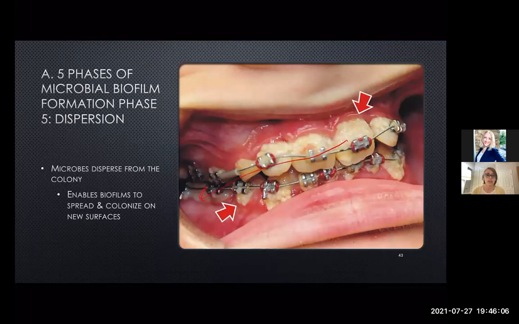And it starts all over again. That bacteria can spread and colonize new areas. It is like Great Britain. They just want to colonize everything. So that bacteria goes from well-developed microcolonies to other areas and starts all over again, which for you and I is not great because we have to get that under control.